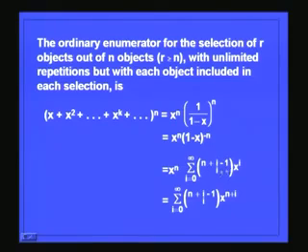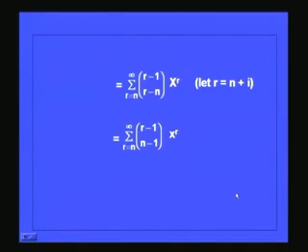Now, this is the selection with unlimited repetition, where each object is selected at least once. So, if you put n plus i equal to r, the previous expression becomes x power r, but instead of saying i is equal to 0 to infinity, you can say r is equal to n to infinity.